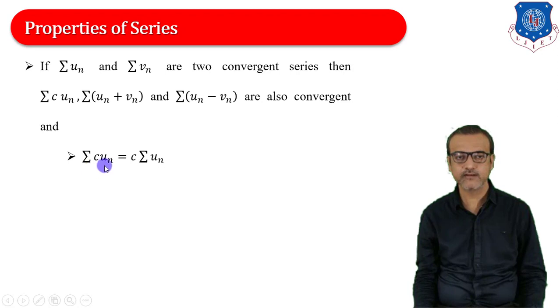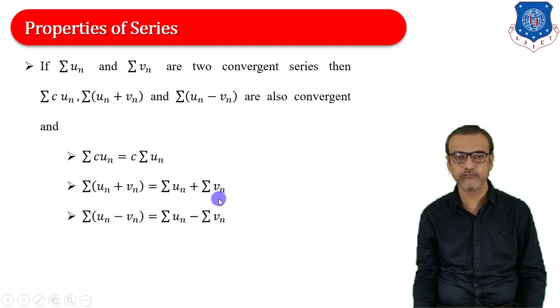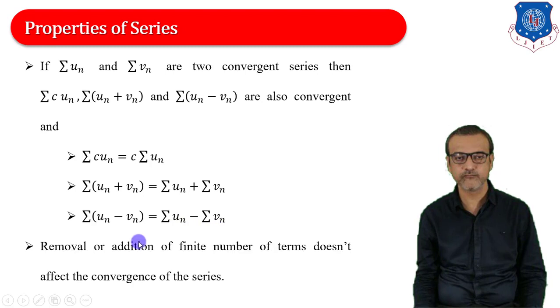And sigma c un equals c sigma un, because c is a constant value. Sigma of un plus vn equals sigma of un plus sigma of vn. And sigma of un minus vn equals sigma of un minus sigma of vn.